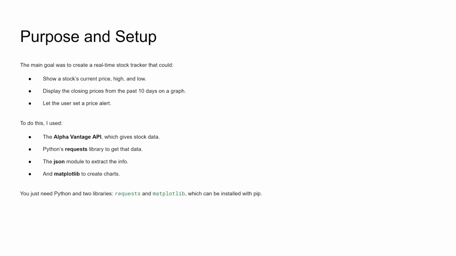Finally, I used Matplotlib, a popular Python tool, to create a chart showing recent stock performance. You just need Python and two libraries, requests and Matplotlib, which can be installed with pip.